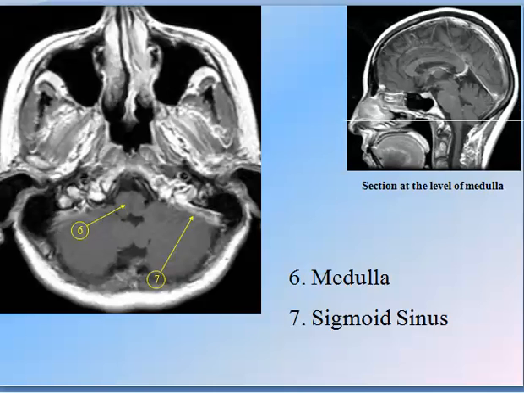In this level, we should know well about the region of the medulla and the sigmoid sinus. So the sigmoid sinus is the one oblique here, and the medulla is there. Medulla level.